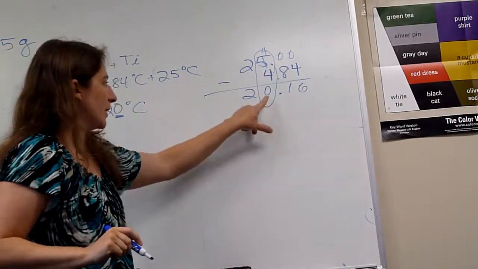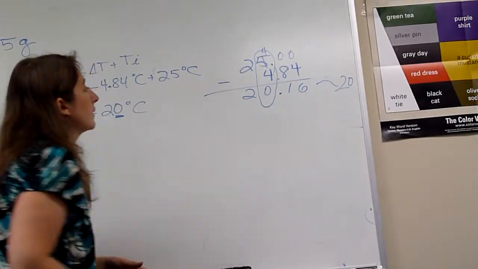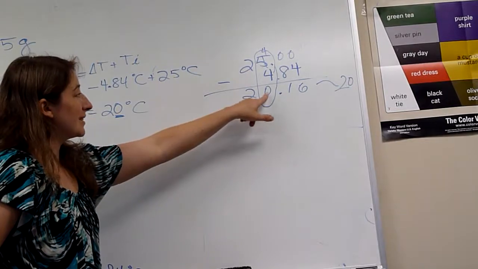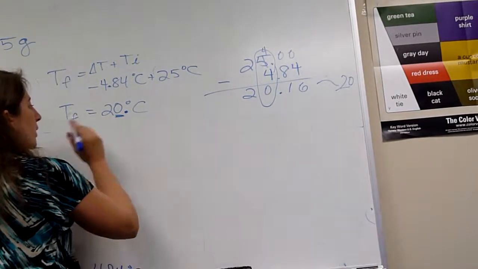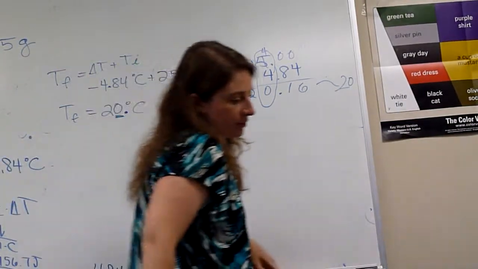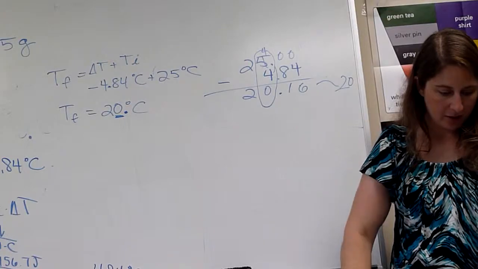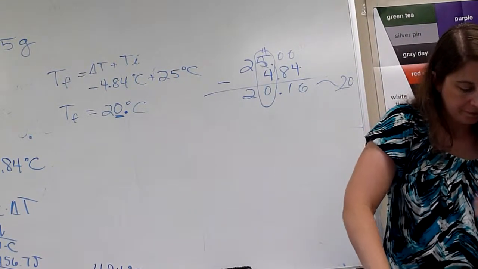But the 1 can't make the 0 go up, so we just round to 20. But the ones place is significant, so we have to somehow show that by putting a decimal point or using scientific notation or something. So our final temperature is going to be 20 degrees Celsius with two significant figures, and that's what I got. Good.